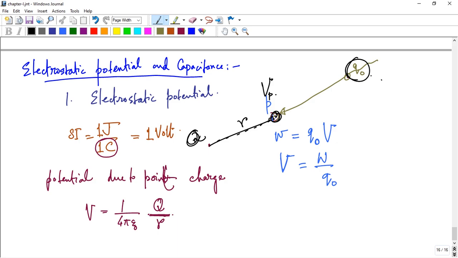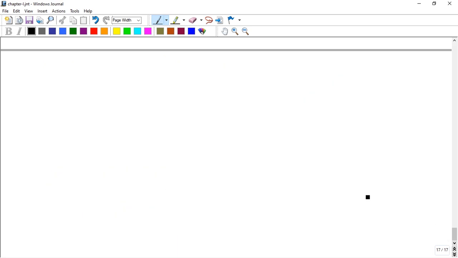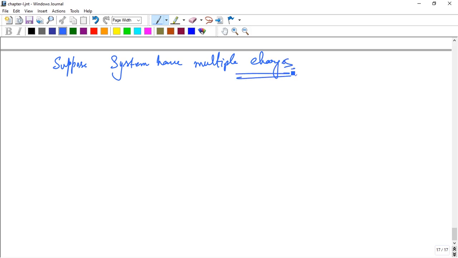Now the potential due to a system of charges. Suppose the system consists of multiple charges, not one charge, but more than one, two, three or more charges. So they obey the superposition principle.